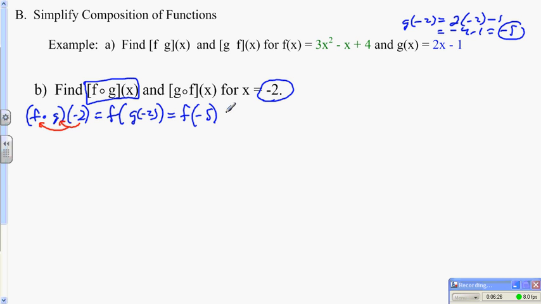If we plug negative 5 into the f function, we get 3 times negative 5 squared, minus negative 5, plus 4. That gives us 3 times 25 plus 5 plus 4, which gives us 75 plus 5 plus 4, which is 84.